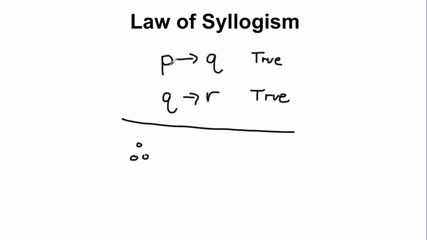I can take the hypothesis of the first conditional statement, take the conclusion from the second conditional statement, and make a new conditional statement out of those two, and without even evaluating it, I'll know already that it's going to be true.